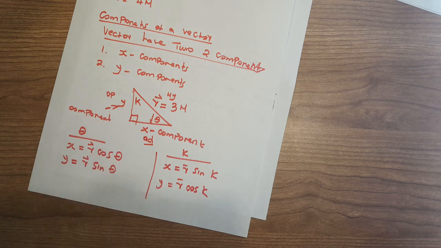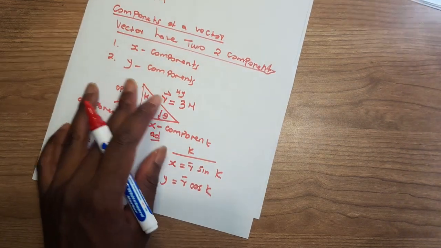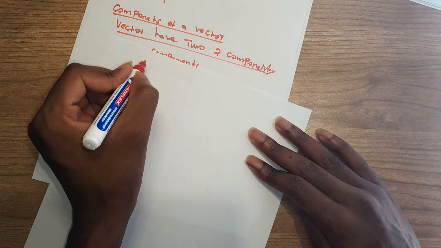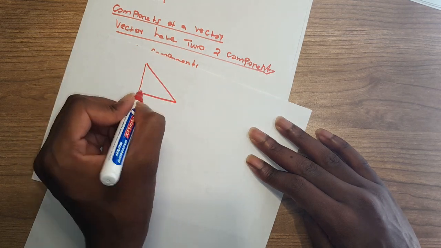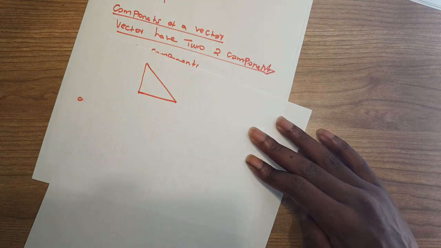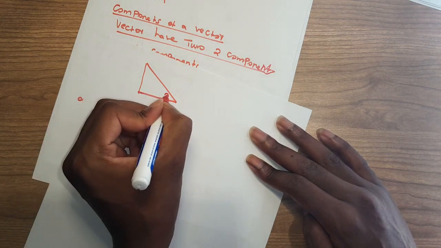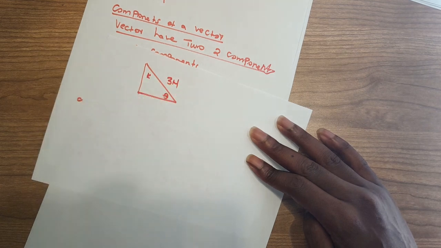So I'll just be explaining this as time goes on. But how do we find the resultant? So let me just draw a question where we're gonna find the resultant. Let's say you are given the following. We are having this wonderful thing, and then you are being told this is theta, and this is k.